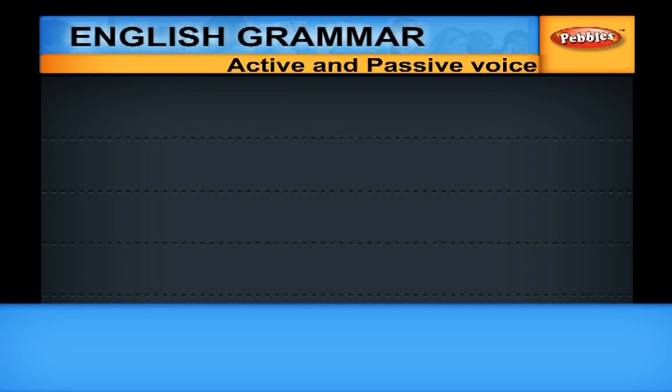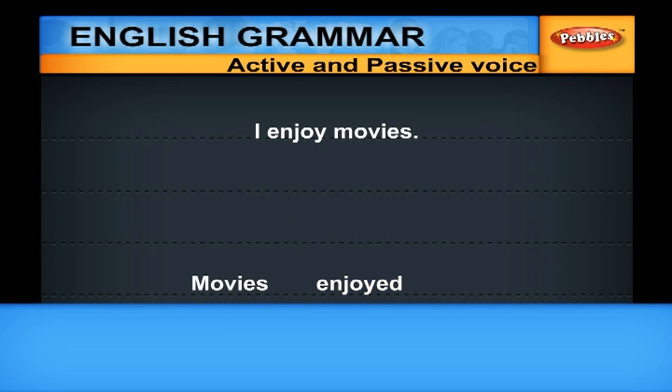I will give you another example. I enjoy movies. First, identify the object. I enjoy what? Movies. So here, movies become the subject of the passive voice. The past participle form of enjoy is enjoyed.